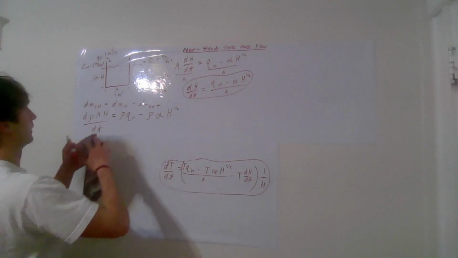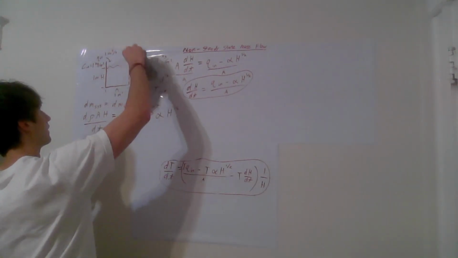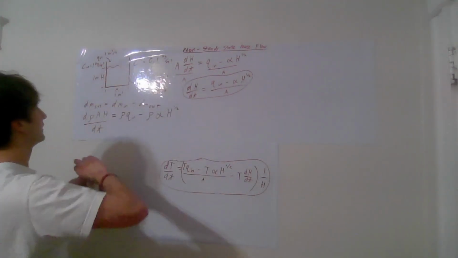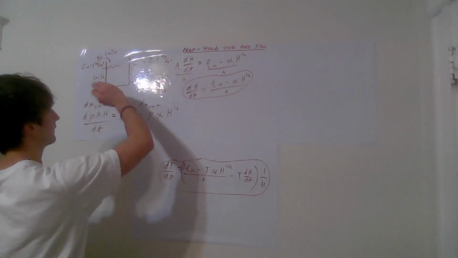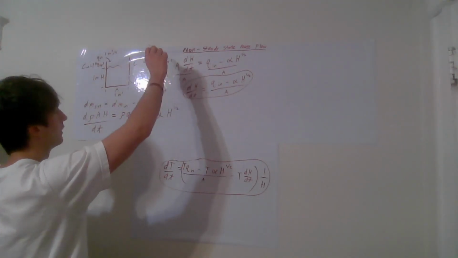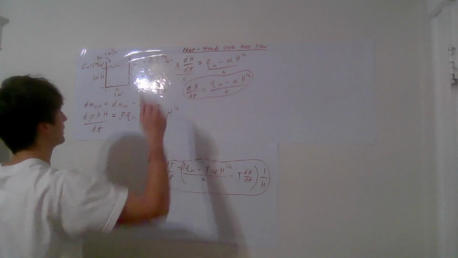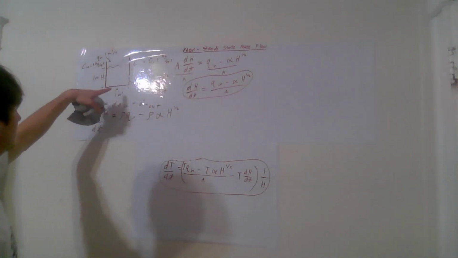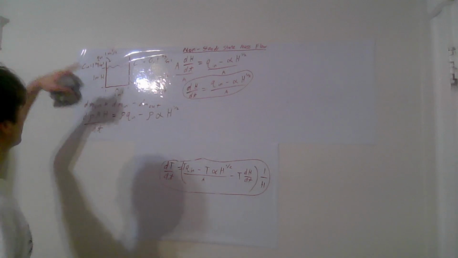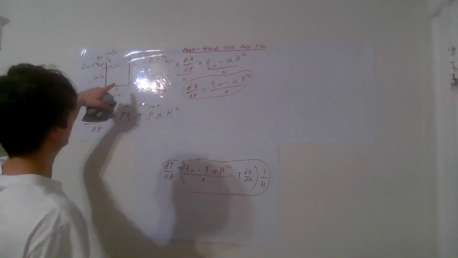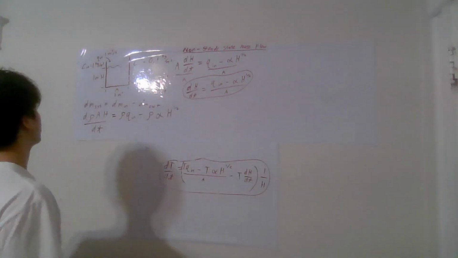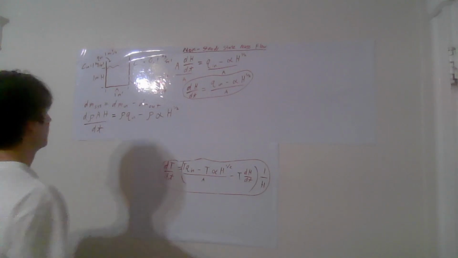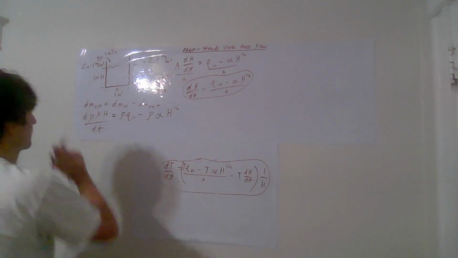And this C, the C initial, is just going to be 0.1 kilograms per meter cubed. And we're changing that here. Everything else, the cross-sectional area, the height, the flow rate in, and the flow rate out all stay the same. That's why we can continue with this equation here.